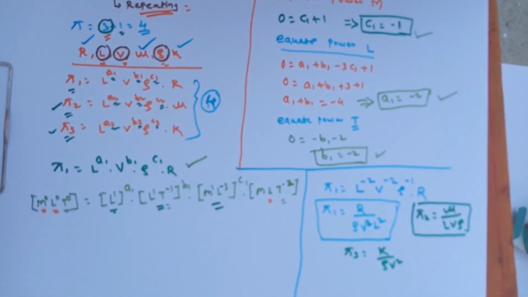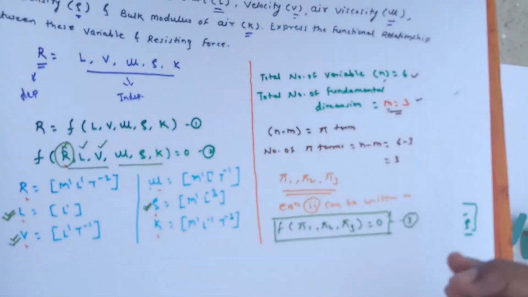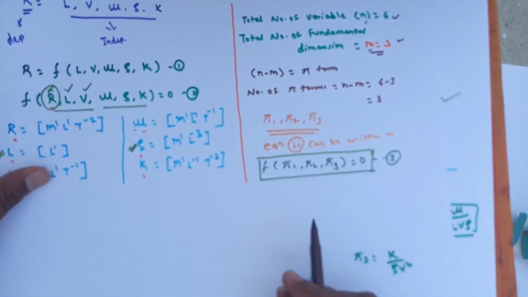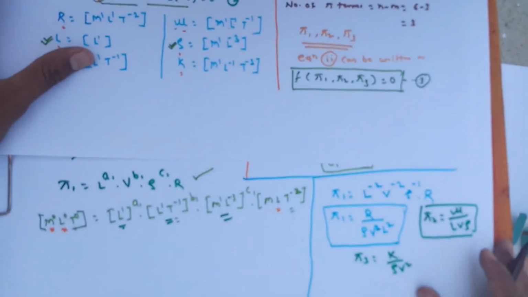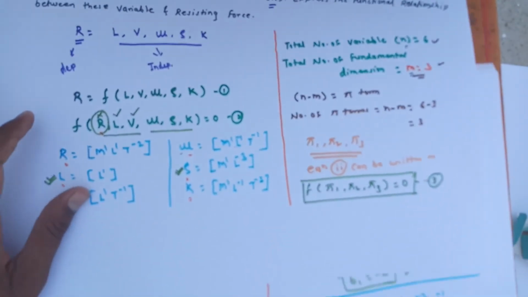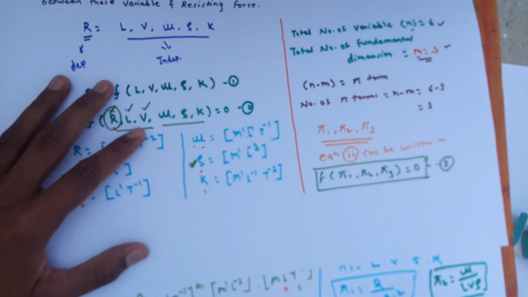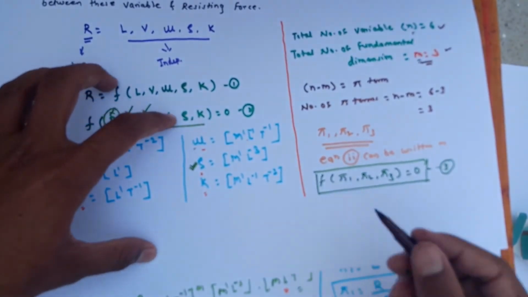3. So our equation number 3 was this: function of pi 1, pi 2, pi 3 is equal to 0. So put those values of pi 1, pi 2, pi 3 in equation 3. That means now I will put these values of pi 1, pi 2, pi 3 in this equation.